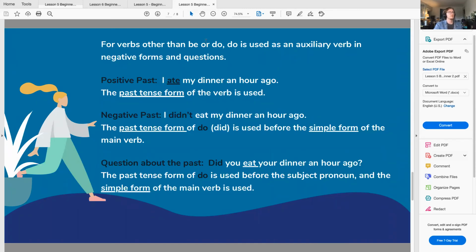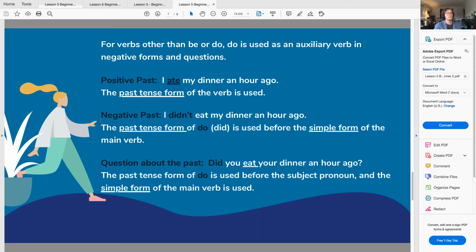So for verbs other than be, do is used as an auxiliary verb in negative forms and questions. So the positive past would say, I ate dinner an hour ago. And in that one, the past tense of the verb is used, like we just talked about. In the negative, I would say, I didn't eat my dinner an hour ago.